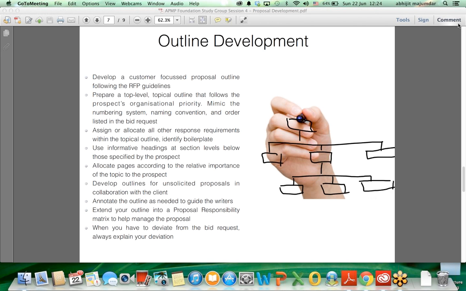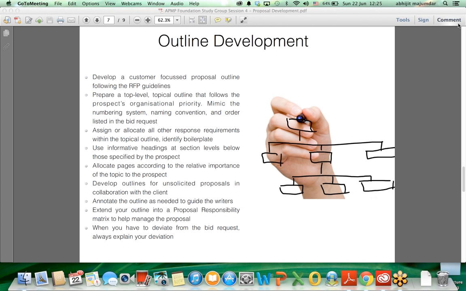It should not be that because you do not have something, you are deviating. You should deviate from the proposal outline only if you feel that you are providing additional value to the customer by deviating. But whatever the reason for your deviation, you should always inform the customer as a part of your proposal.